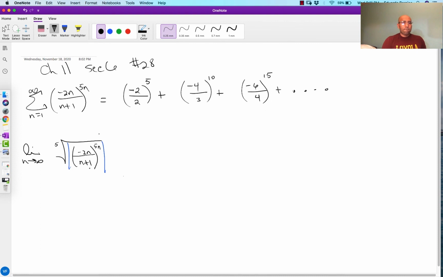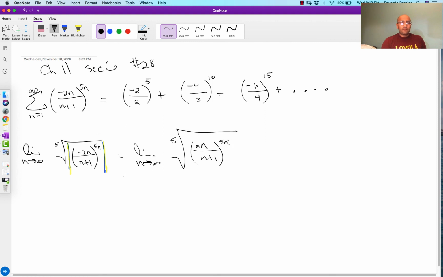As we saw up here, sometimes the terms are positive, sometimes they're negative, but if we apply the absolute value right here, then this is equivalent to the limit as n goes to infinity of the nth root of just 2n over n plus 1, all of it raised to the power of 5n.